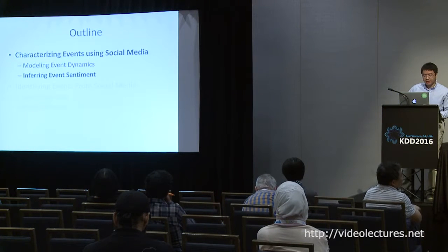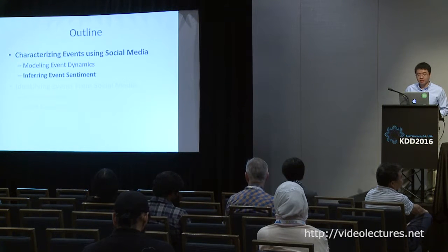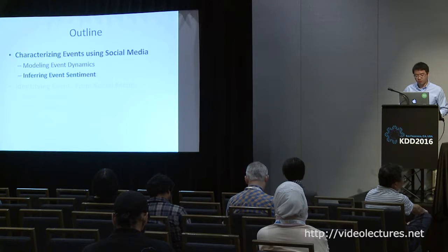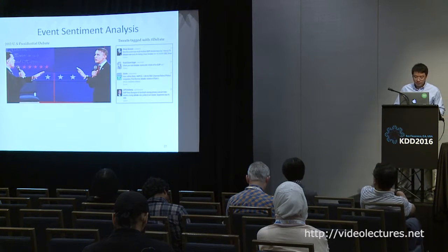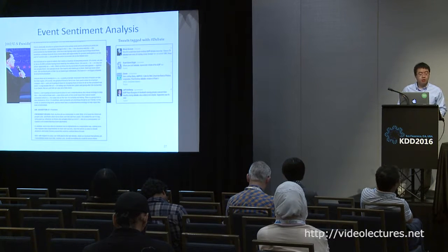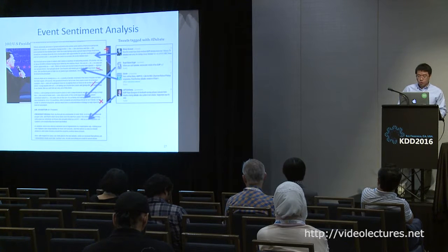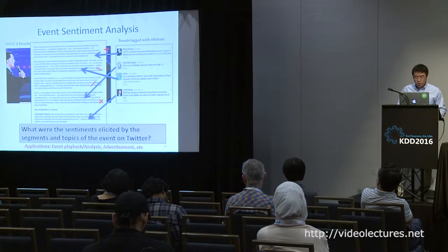So that's for the alignment task. Next, we want to talk about the second task, which is to infer the event sentiments expressed in people's tweets, or people's social media posts. Again, given an event like the presidential debate between Obama and Romney, and given the transcript of the event and the tweets about this event, what we want to do in this task is infer the sentiments elicited by the segments and topics of the event on Twitter.